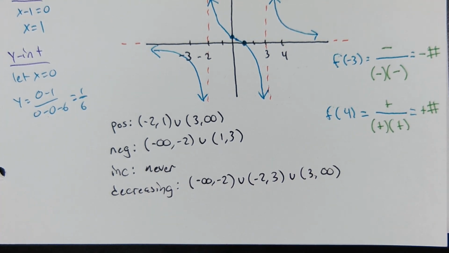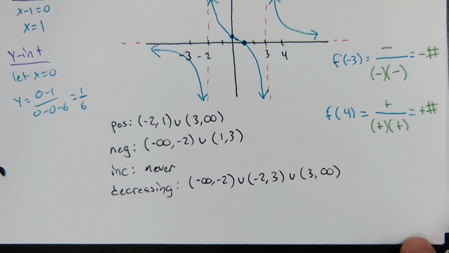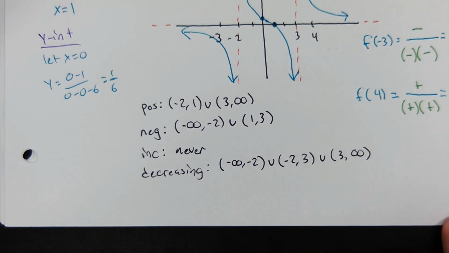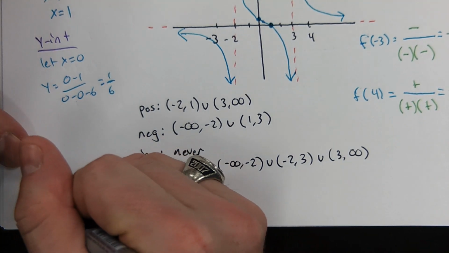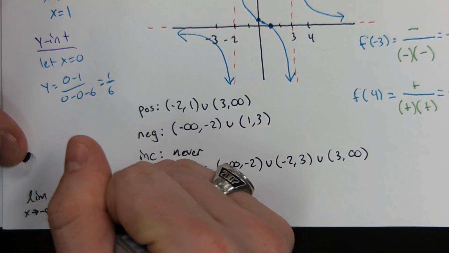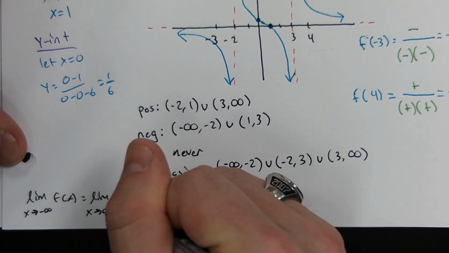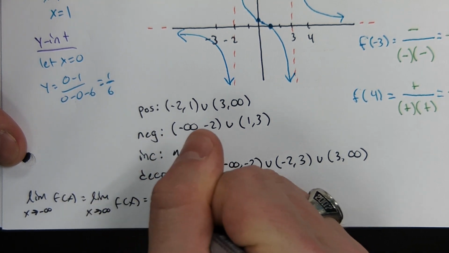And the last thing we're supposed to do is limits as we approach our asymptotes. The left limit and right limit are going to be the same thing, 0. I'm running out of vertical space, so I'm just going to try to squeeze it in here like this. The limit as x approaches negative infinity of f of x is equal to the limit as x approaches positive infinity of f of x is 0.